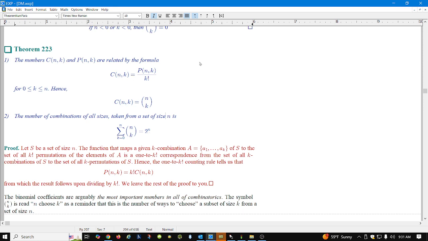To prove this, I've in a sense already explained how. Let S be a set of size n.